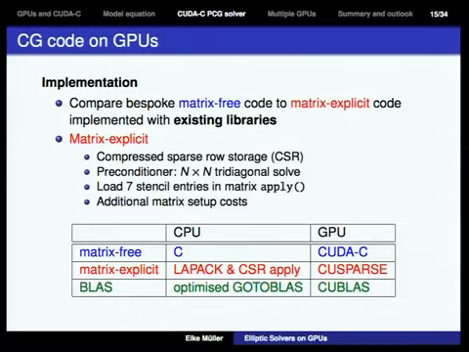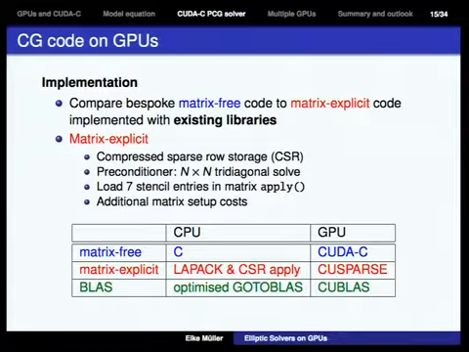This we implemented using existing libraries to get the best performance. So we use compressed sparse row storage for this, and for a preconditioner you can still use this tridiagonal solve, but you have to do it over the entire domain. It's still a tridiagonal matrix, but you don't do it blockwise. You do it for the entire n times n matrix.